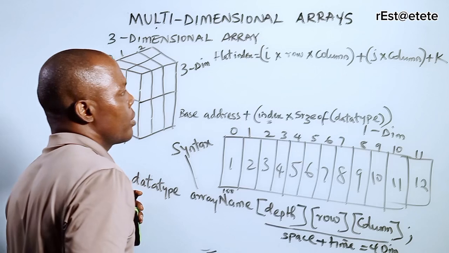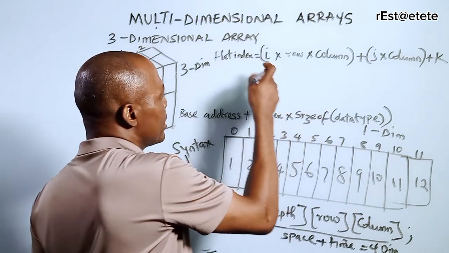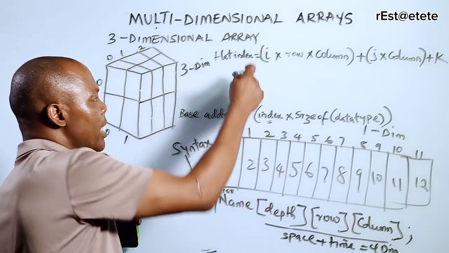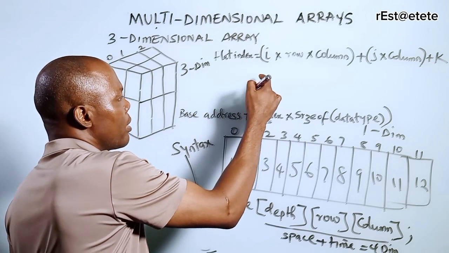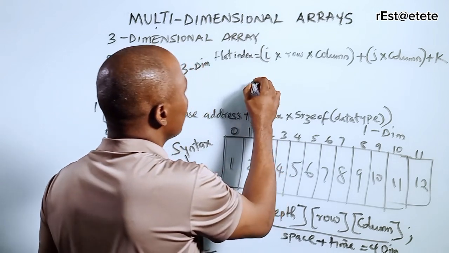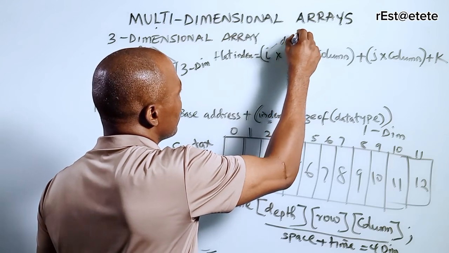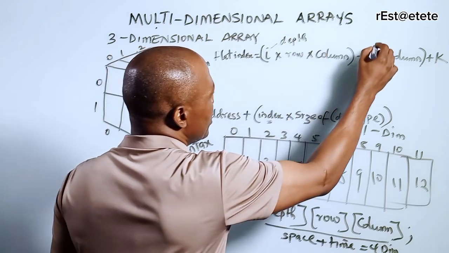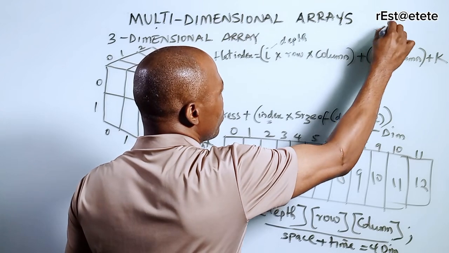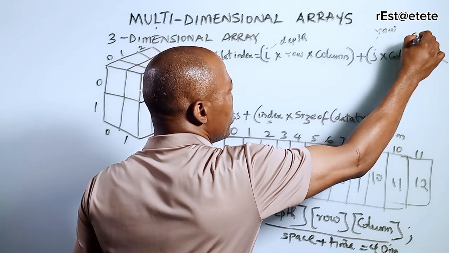That is how you are going to find it. So this I becomes the index for the depth. This j becomes the index for the row. And then this k becomes the index for the column.